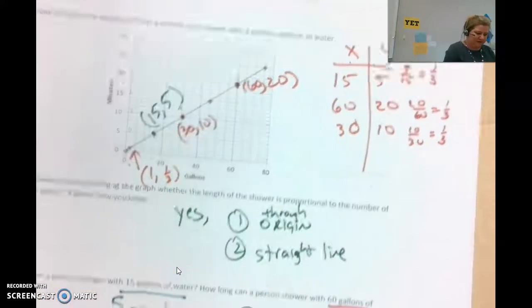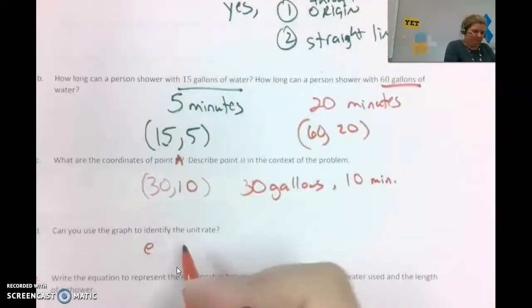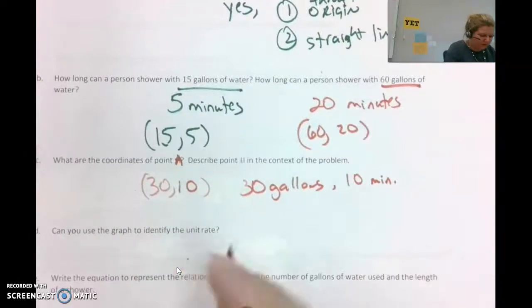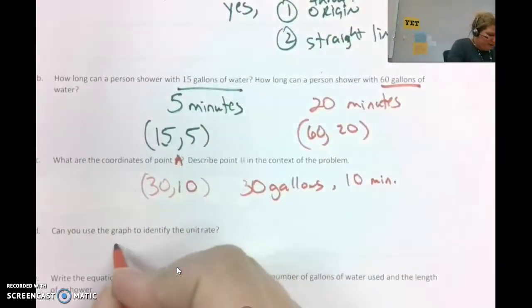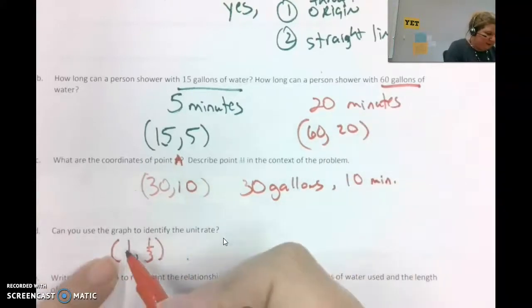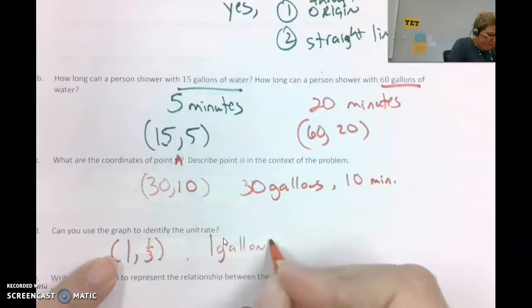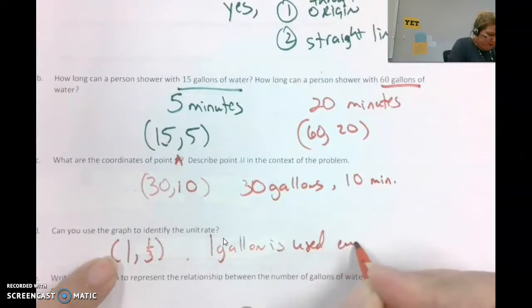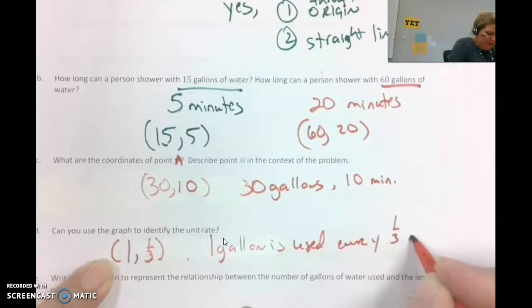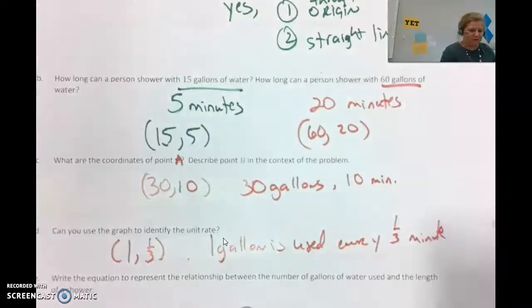And what that means is, let's get down here. Okay, that was a little junky. I just erased that. So our unit rate is 1, 1/3. So that means 1 gallon is used every 1/3 of a minute. And we think of 1/3 of a minute, so this is kind of extra here.